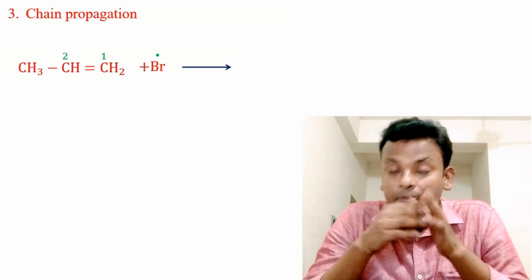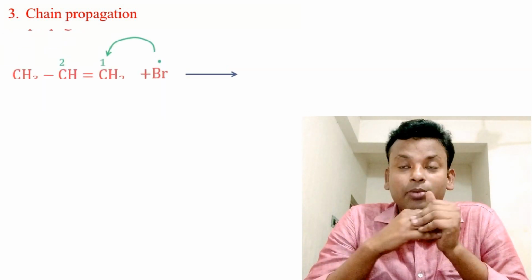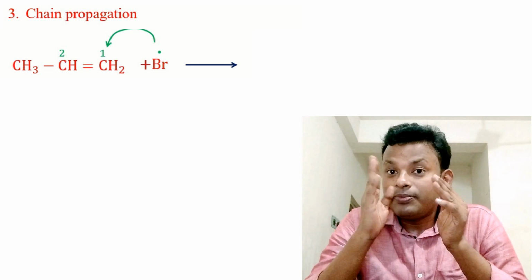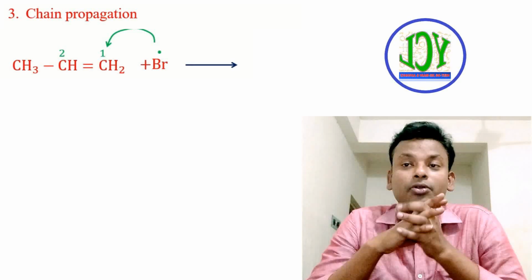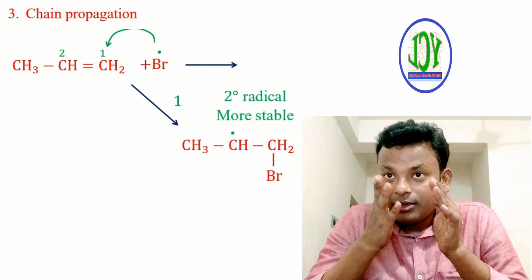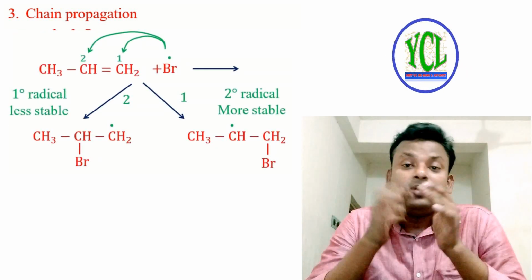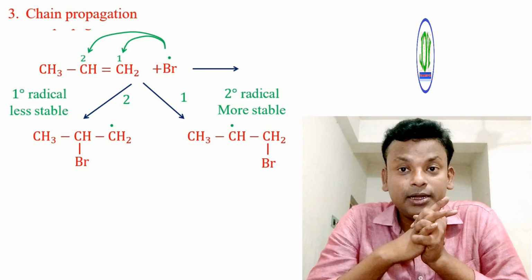Here propene is marked with C1 and C2 carbons in the C=C double bond. First, Br dot reacts at the C1 carbon and forms a 2-degree radical, and second, Br dot reacts at the C2 carbon and forms a 1-degree radical.